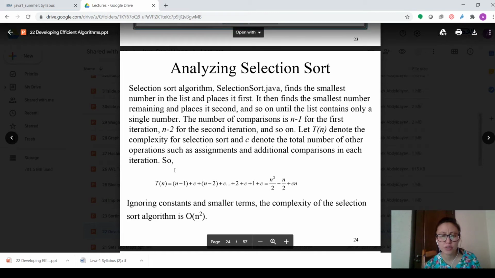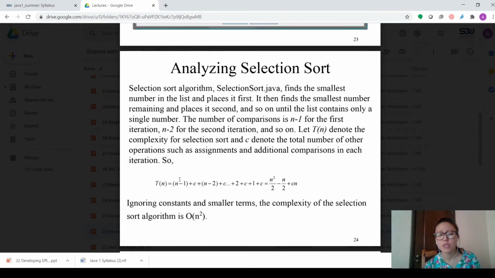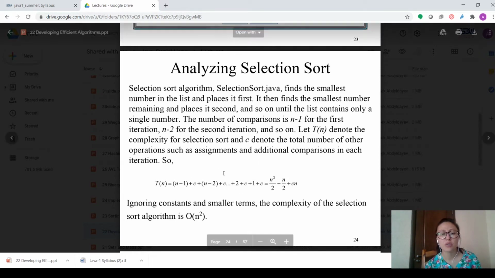In the first pass we compare n minus 1 times. Second, we compare n minus 2 times. Third, n minus 3, and each time you are sorting one element less.